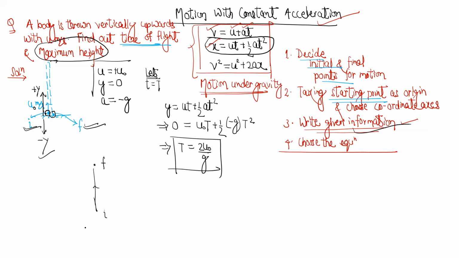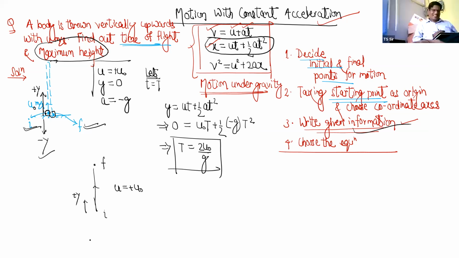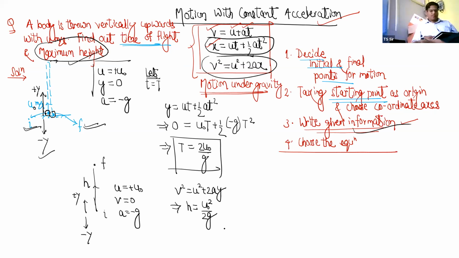I can do these things quickly also. So here final velocity is 0, acceleration is minus g. I need to find out maximum height, that means h. So I use the formula v square equal to u square plus 2as, with a and s as y, and so h will come out to be u naught square by 2g. So remember this.